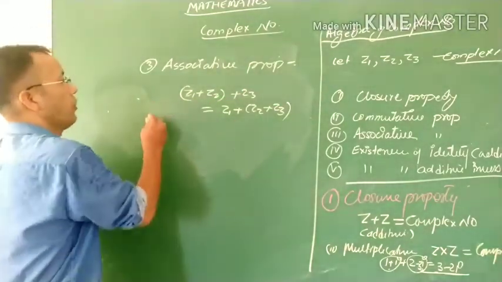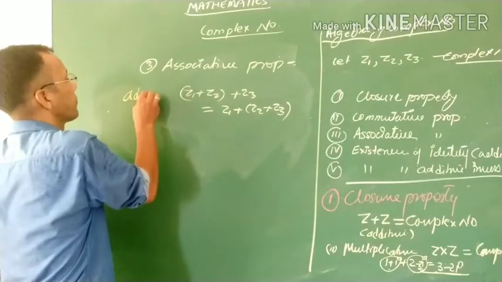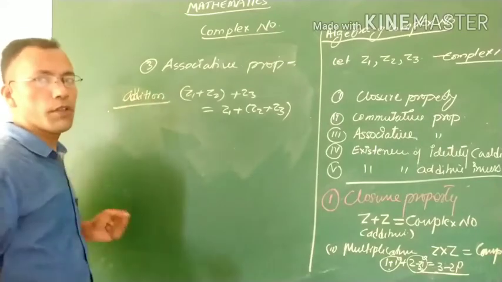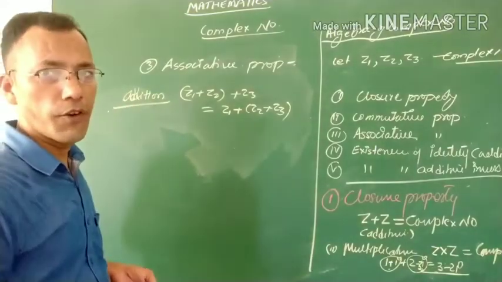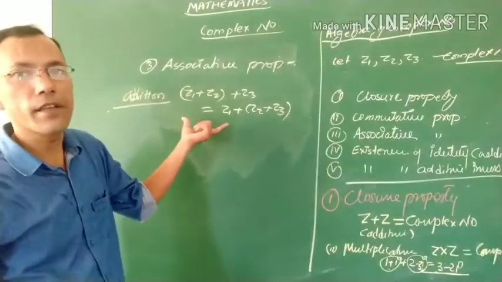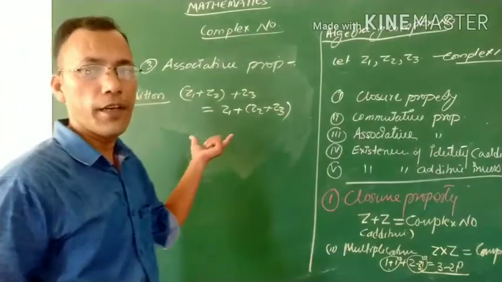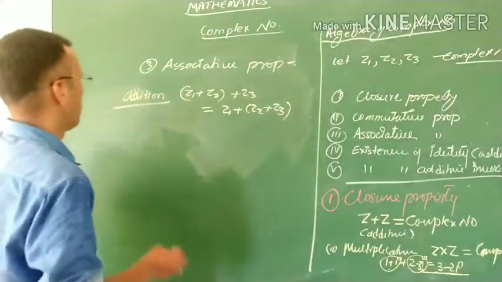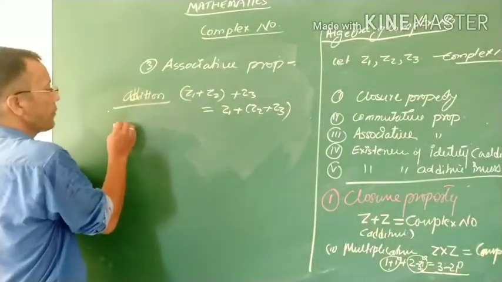And the same for addition. That is the homework. You just write different complex numbers and verify whether this is correct or not. If it is incorrect, let me know or message me, right? That is for multiplication.